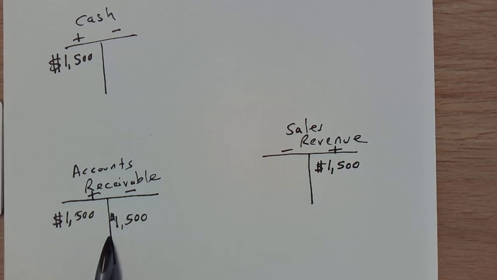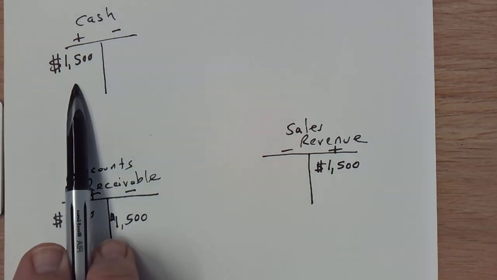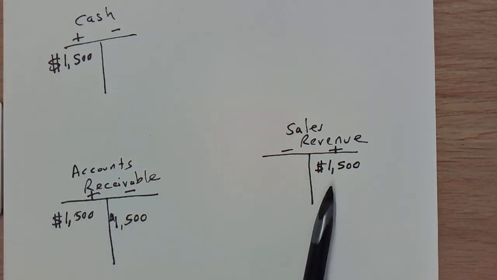So there's $0 in the accounts receivable account. However, our cash account, which is also an asset account, grew by $1,500, which is a perfect offset for that. Our sales revenue at this point is not affected. We've already recorded that sale at the time that it was made.